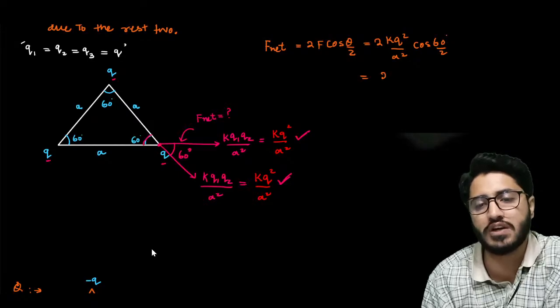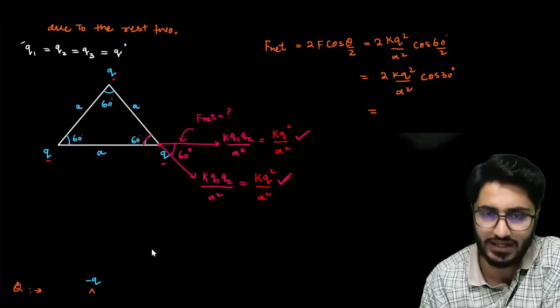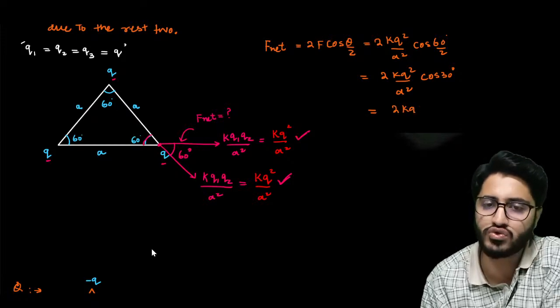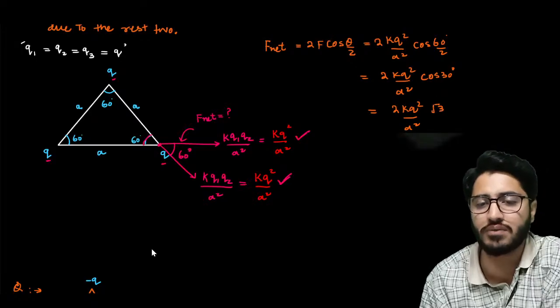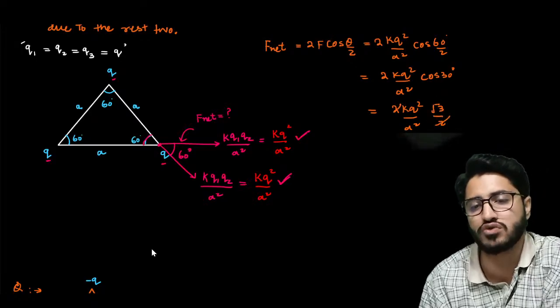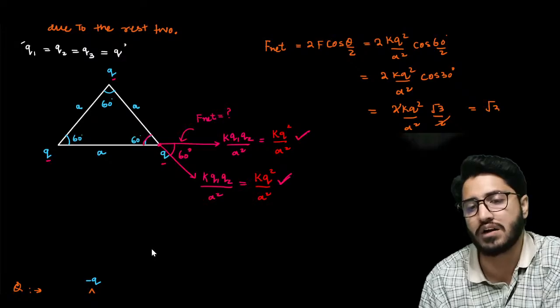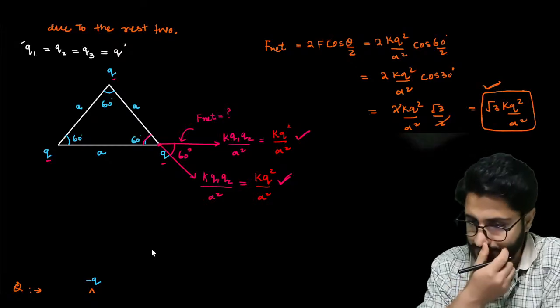Now it would be 2K Q square divided by A square times cos 30, which is root 3 by 2. The 2 cancels out, so my answer is root 3 K Q square by A square. This will be my answer to this numerical.